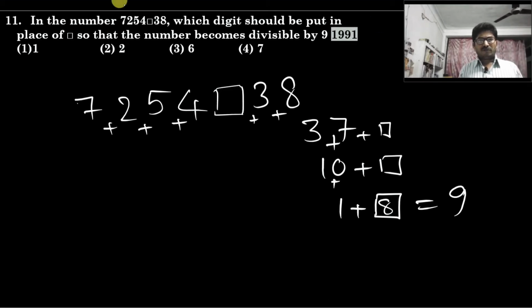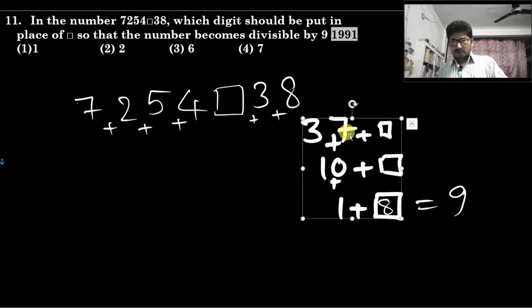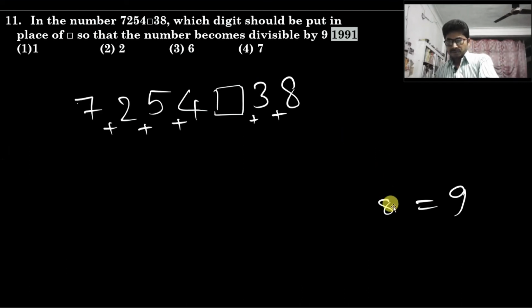7254 box 38. 7 plus 2 is 9, 14, 18, 21, 29 plus box. Children, here is a mistake.